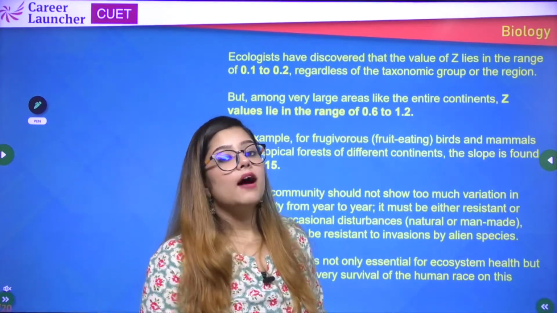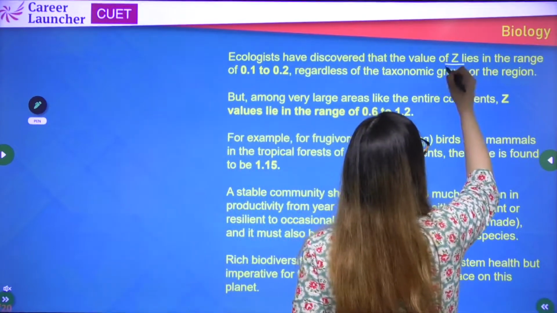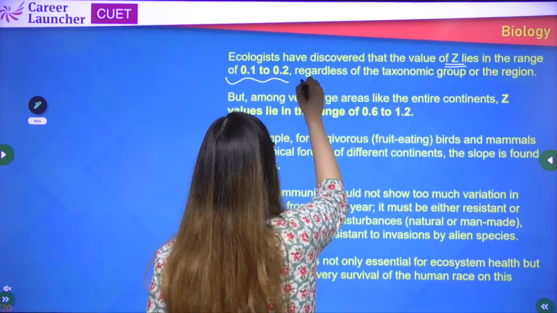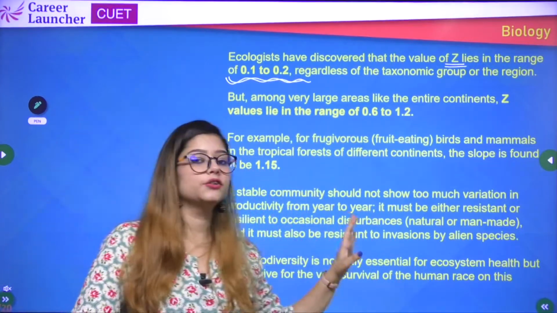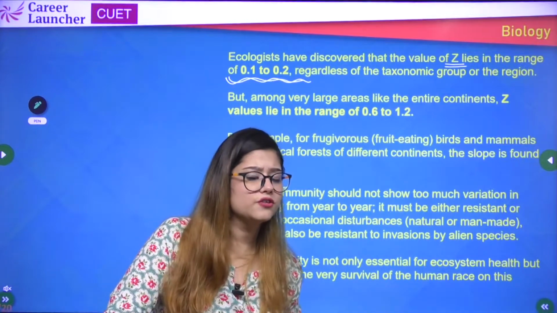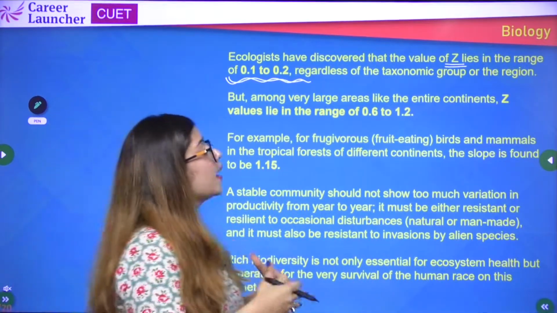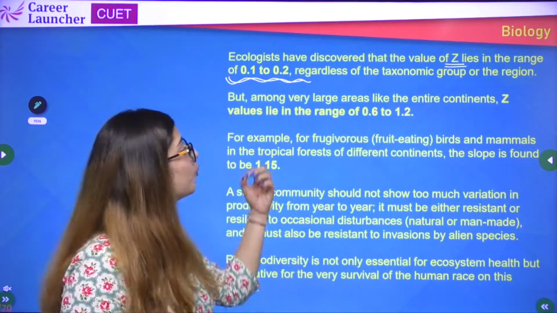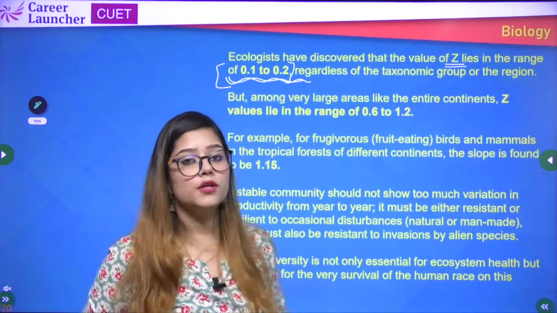Ecologists have discovered that जो Z की value है that lies in the range of 0.1 to 0.2, right? So regardless of the taxonomical group, regardless of the region that we are taking into consideration, it has been observed by ecologists that the value of Z always lies in the range of 0.1 to 0.2.